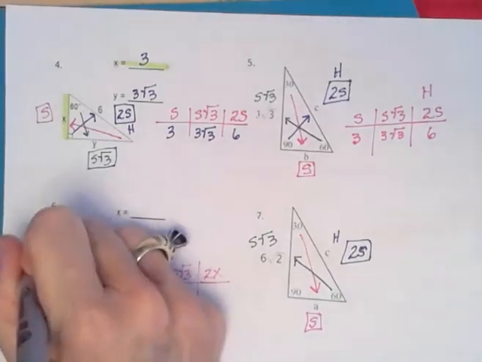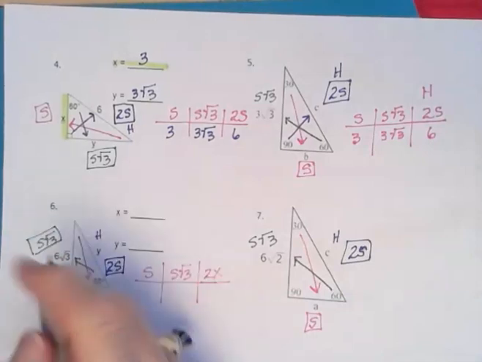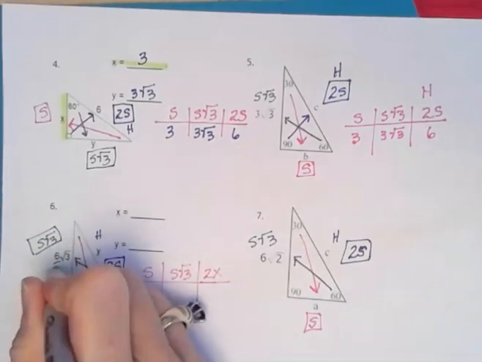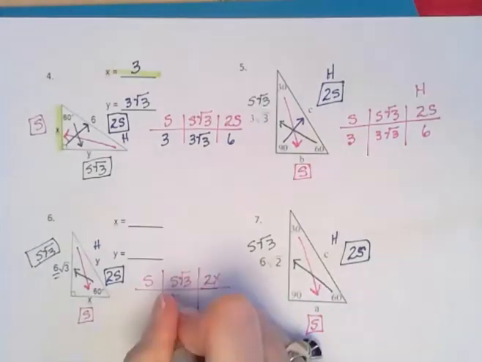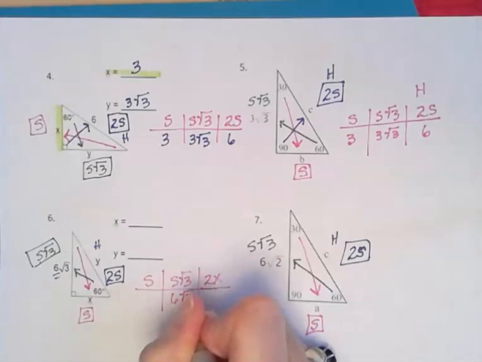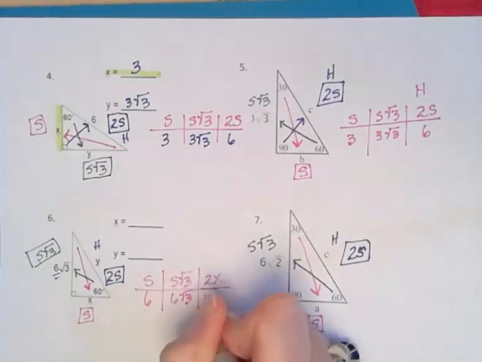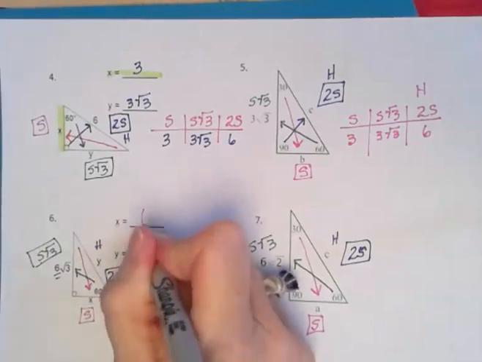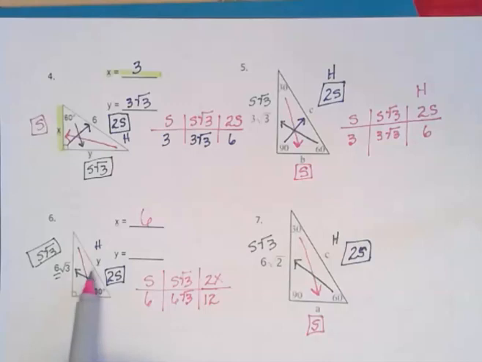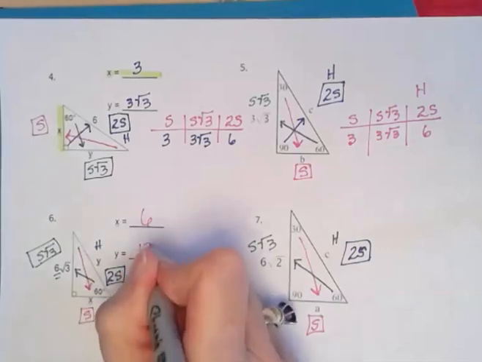So here on the side that should be S square roots of 3, they have a 6 in the position of S. So I know this is 6 square roots 3. It was given. That means S is 6. And the hypotenuse is 12. So the X is my shortest leg. That was 6. And the Y is my hypotenuse, which was 12.